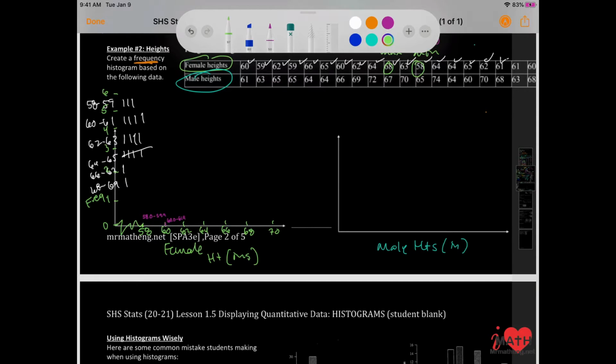And so when I make my numbers, the question is how many were between 58 and 60? Well, we had 3. So I'm going to go up to here. Do you see how it represents 3 there? And then 60 to 62, so put check marks. I have 4 of those. So that one's going to go up 1 higher.